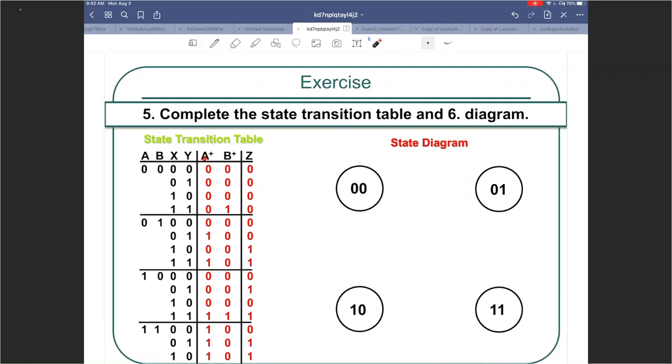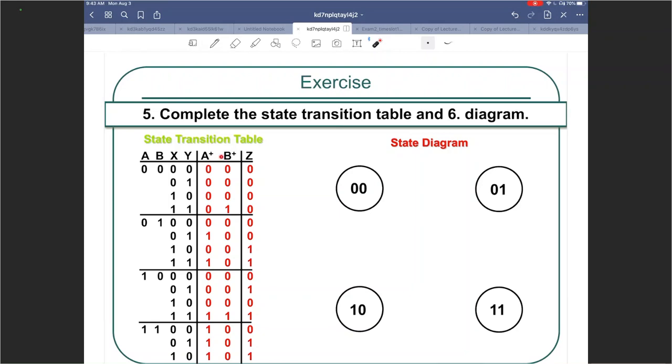You will need to figure out A plus, B plus, and Z using the equations that you derived earlier, which tend to be a time-consuming matter because it's a mux and decoders and a bunch of NAND gates. But I hope that exercise is just time-consuming and not something that is difficult. It's just a time-consuming exercise.